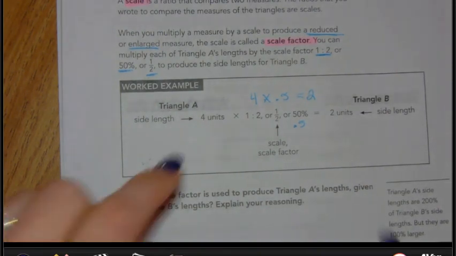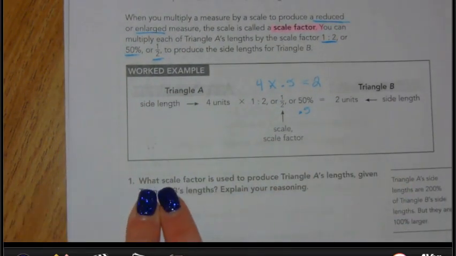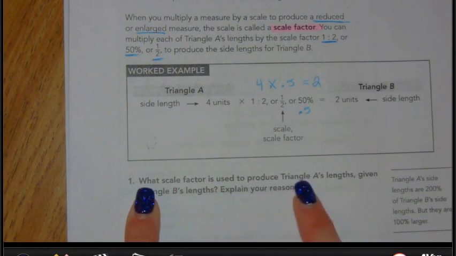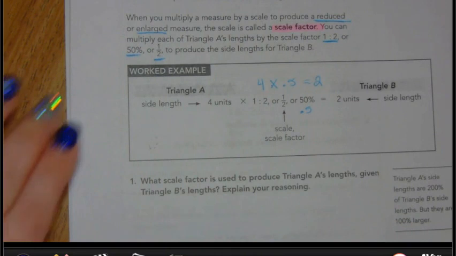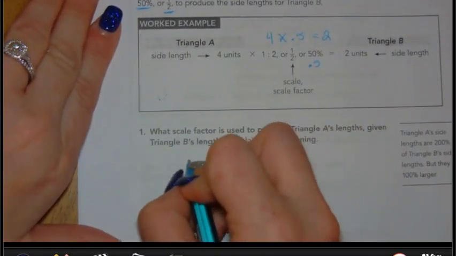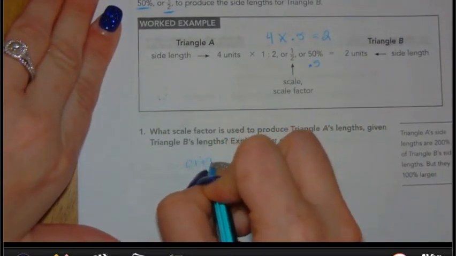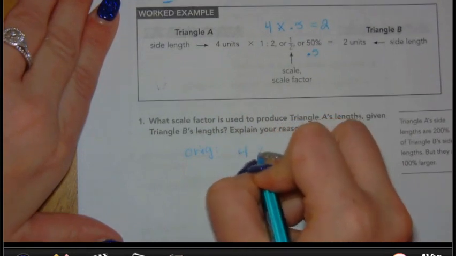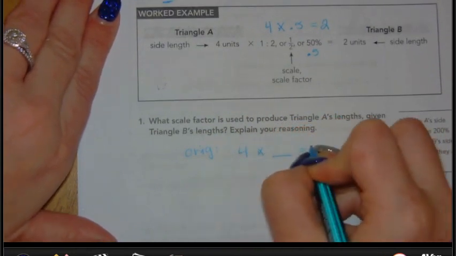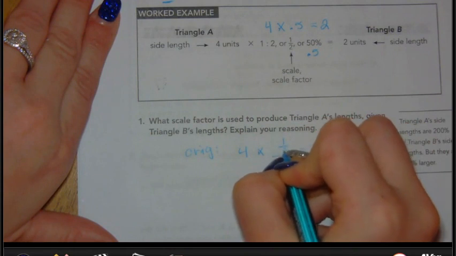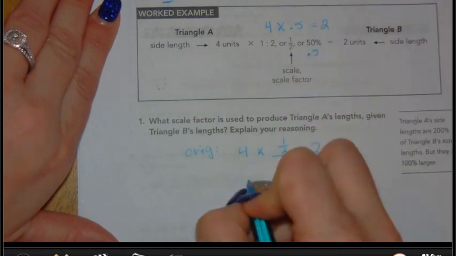Okay. Now, I'm asked what scale factor is used to produce triangle A's length given triangle B's length. So meaning original, I went 4 times something to get me to 2, which we saw was 1/2 or 0.5.